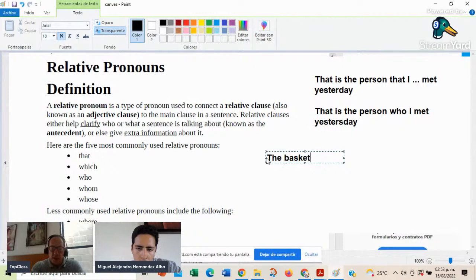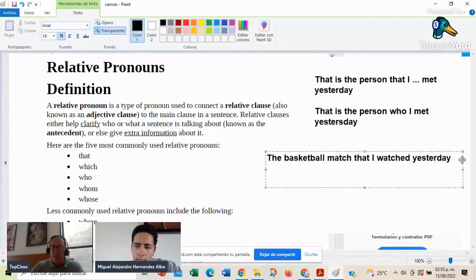The basketball match that I watched yesterday was what? How was it? Was great. Great. Okay. So you can change the that for another word, which is another relative pronoun.